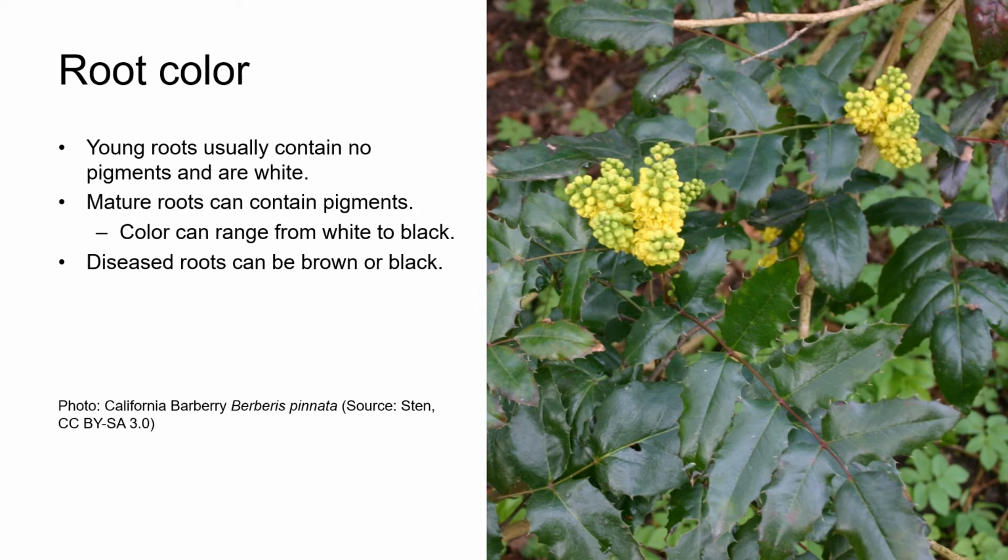Some stinging nettles have yellow roots, as do many shrubs in the genus Berberis, such as our California native Berberis pinnata that you can see in the photo here. You need to be aware that diseased or dying roots can often be brown or black, so it's really important for a grower to be able to tell the difference between healthy pigmented roots and diseased ones.